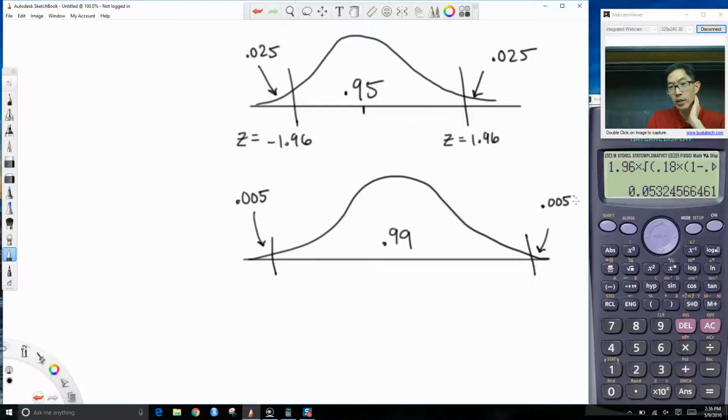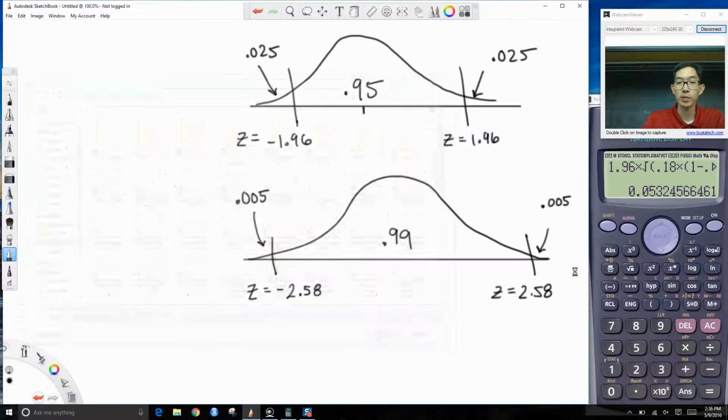Okay, and what value is going to give me 0.005? 2.58. Is that what you guys find? That's what I find. Okay.